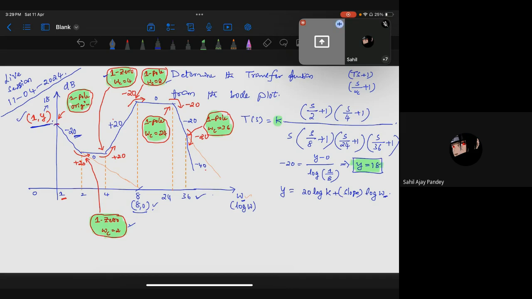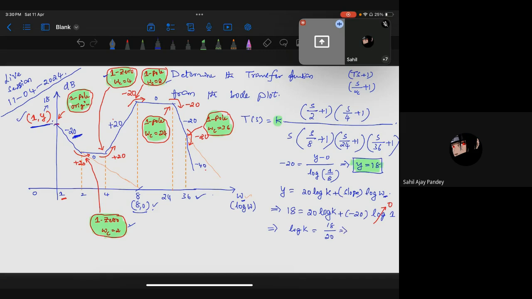Now you can substitute the values. 18 equals 20 log K plus the slope. The initial slope is minus 20, multiplied by log 1. Log 1 is 0. Hence, log K equals 18 by 20.